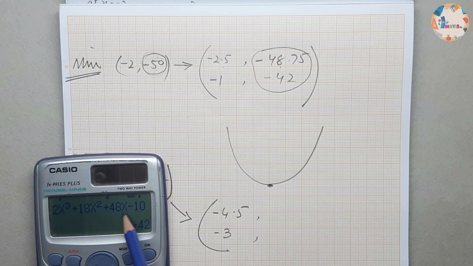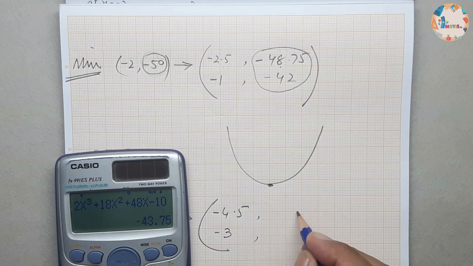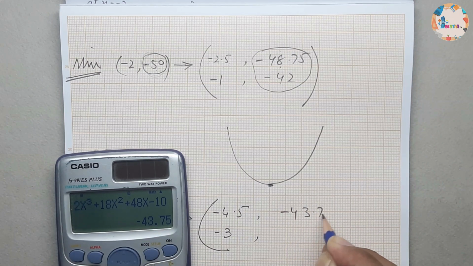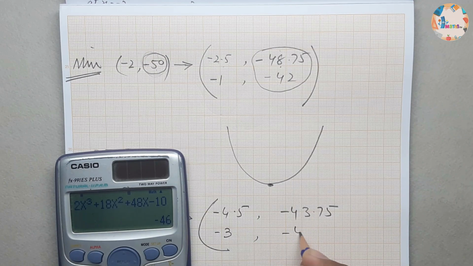So the same equation I'll be using for this value, minus 4.5. Calculate the minus 4.5 value. This will be giving us minus 43.75. And if we calculate for minus 3, this will give us minus 46.